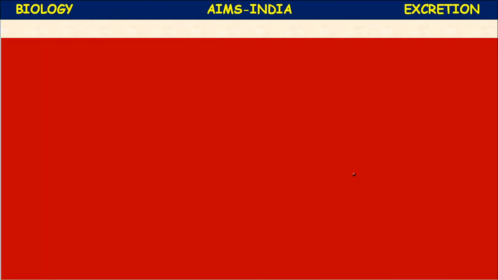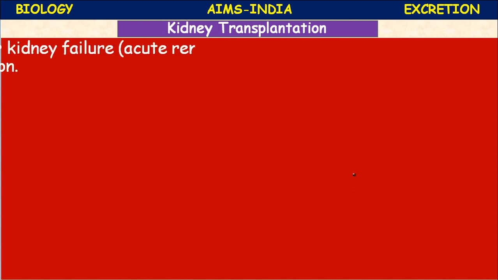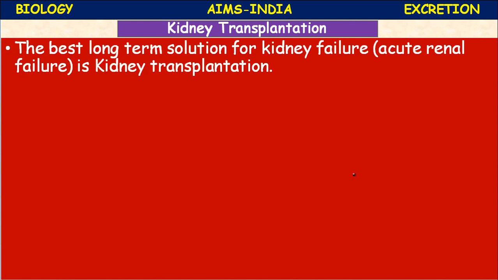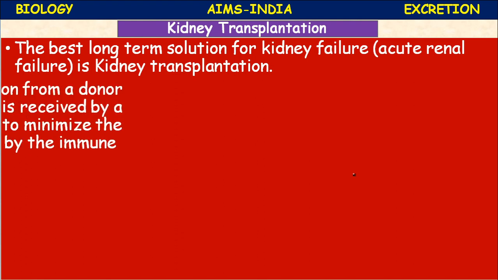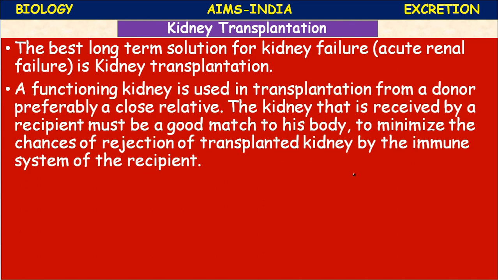So let us know about kidney transplantation. The best long-term solution for kidney failure or acute renal failure is kidney transplantation. A functioning kidney is used in transplantation from a donor. Donor means a person who donates the kidney, preferably a close relative.